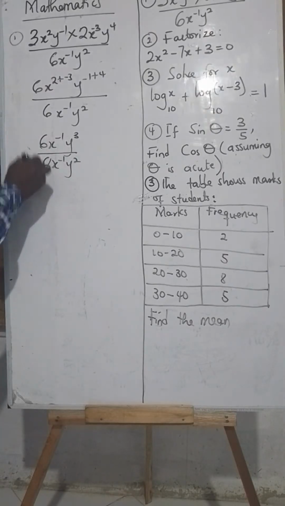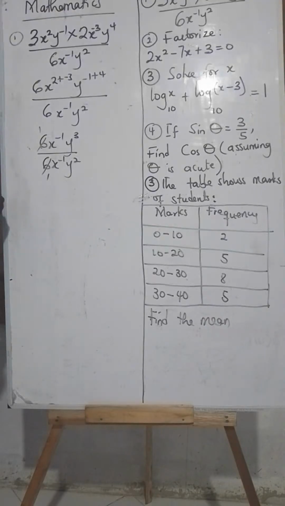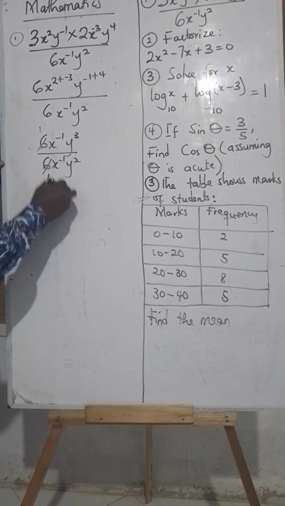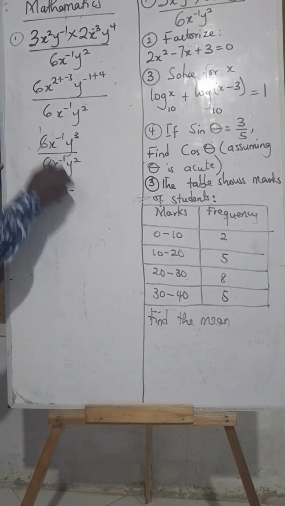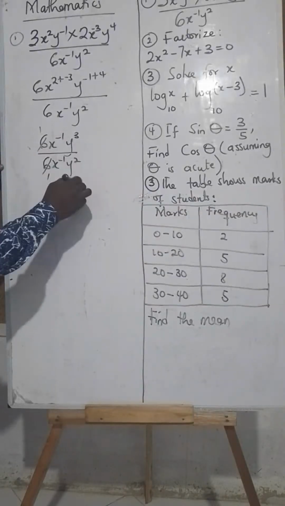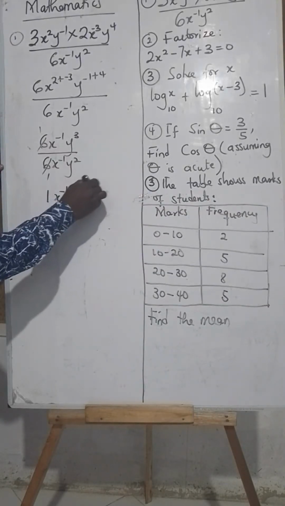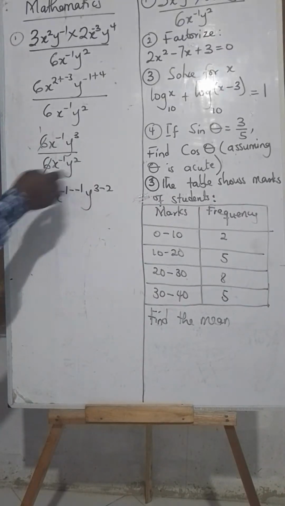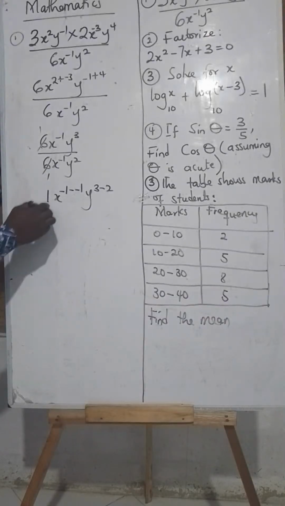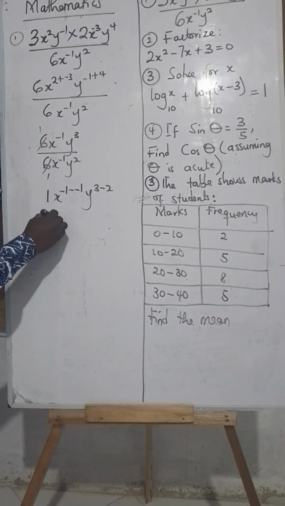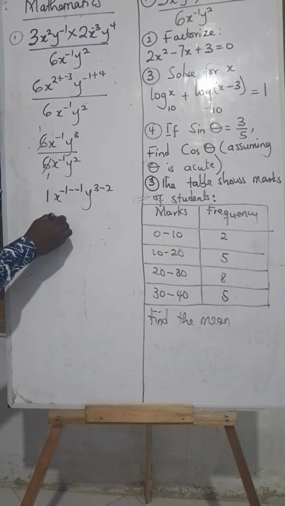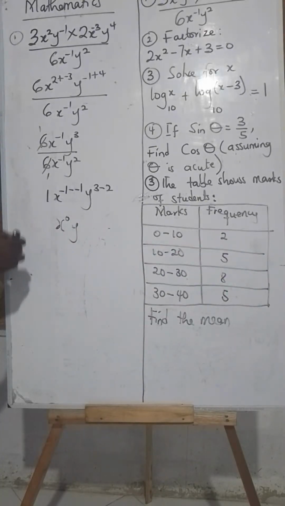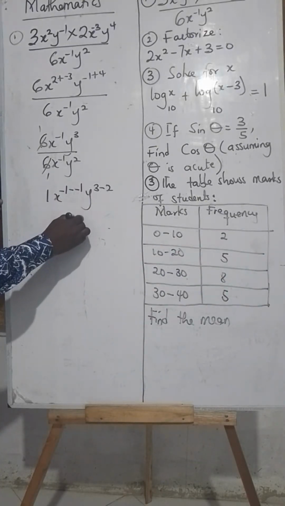So obviously 6 divided by 6 gives us 1, and with the x, we have minus 1, call it division, becomes minus 1, and the y we have 3 minus 2. Right, that is division. Lots of indices, division goes with what? Subtraction. So here 1x will give you the same x, but the exponent will be 0, that's negative 1 plus 1, and y exponent 3 minus 2, that is 1.